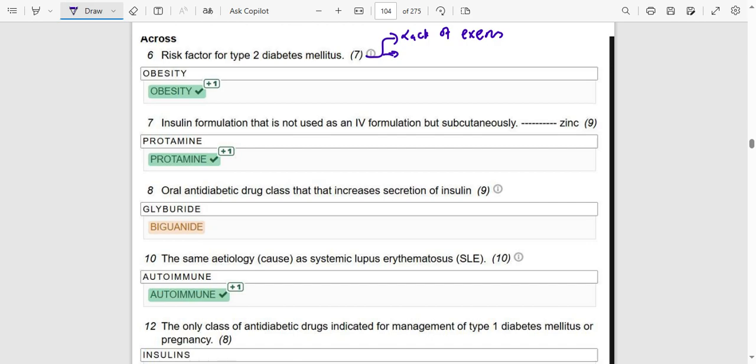It reduces the absorption of vitamin B12 and folate, so we expect it to be able to cause reduction. And then, which class of antidiabetics is not related to hypoglycemia and weight gain?